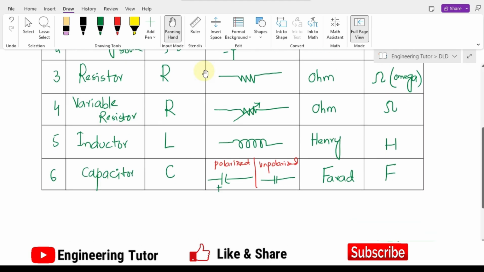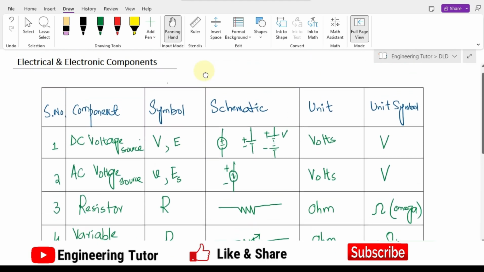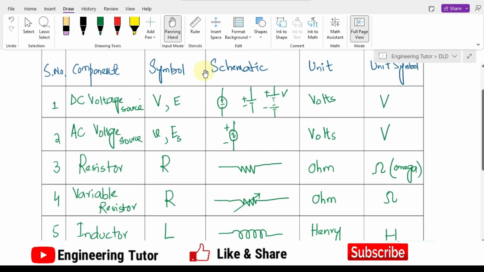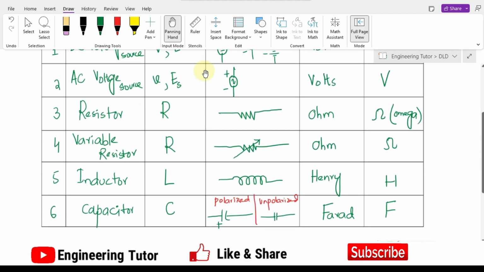Inductor is the electrical component used to store electrical energy in the form of a magnetic field, while capacitor is also an energy storing device which stores electrical energy in the form of an electric field. So that is it for today, in which we have seen all the components which are usually used in electrical circuits.